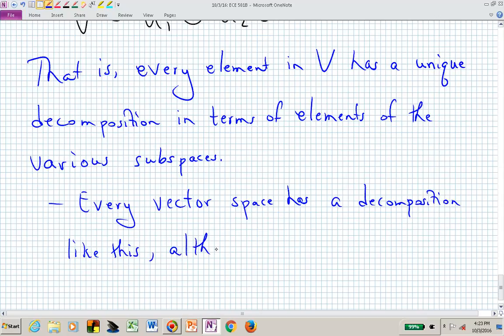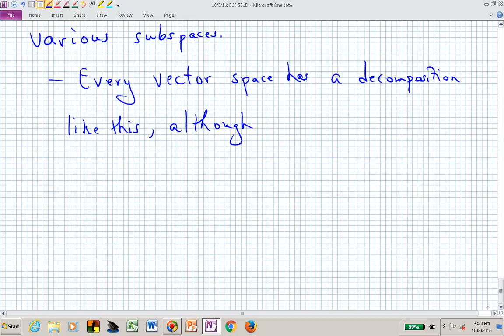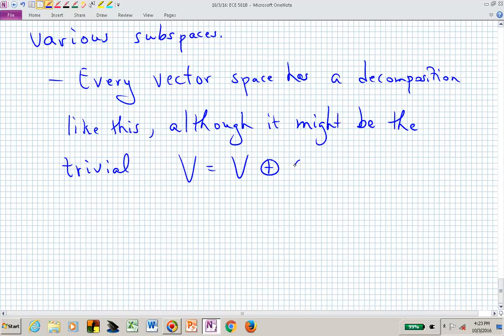It could be the almost trivial case where you have the direct sum of the full vector space with the zero vector, where V is now V direct summed with the zero vector.